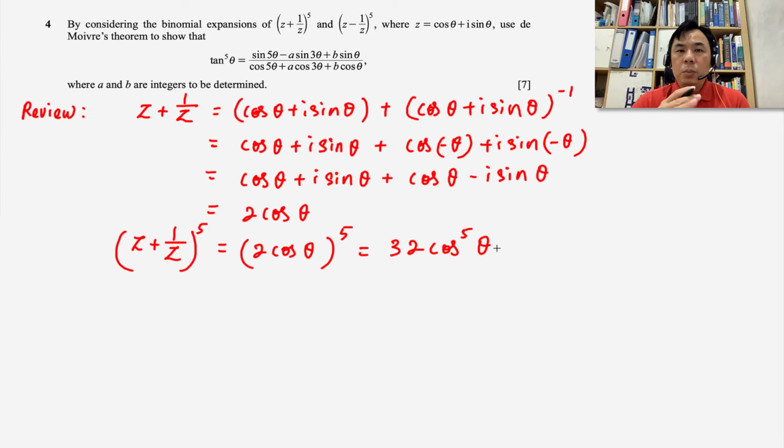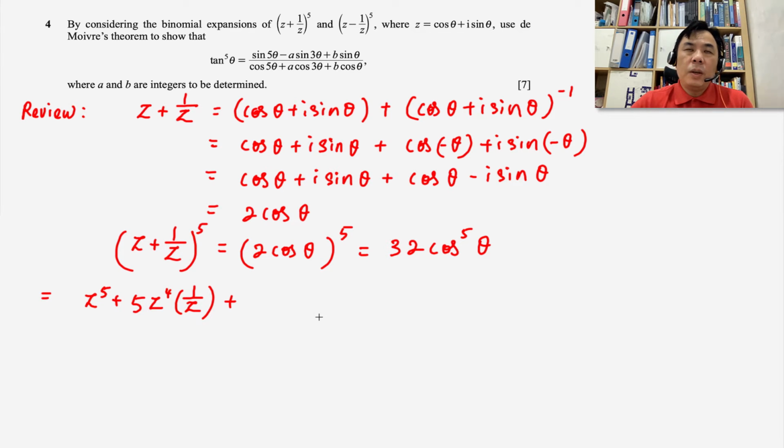Now, of course, at this point of time, we need to consider the binomial expansion for this. So I'm going to apply the binomial expansion for this particular expression just based on z itself. So that will be z to the power of 5. And then after that, 5 z to the 4, 1 over z. And then after that, I have 5C2.